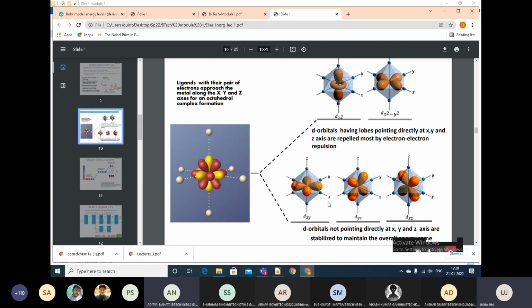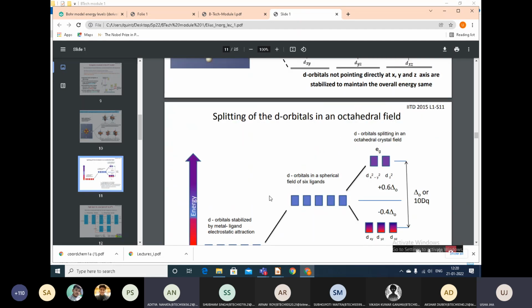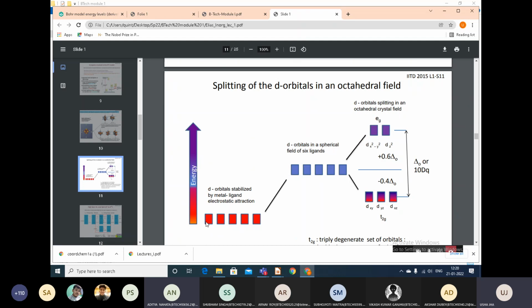So these are the 5 d orbitals, and normally we say that they are in a degenerate state. They are of the same energy level. Their shapes and orientations in space are different, but they are all equivalent.